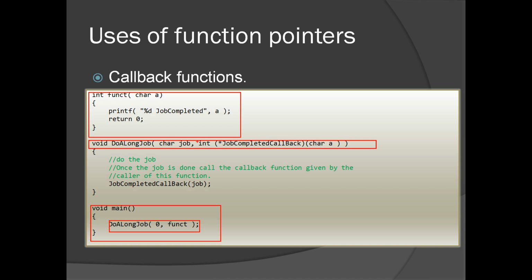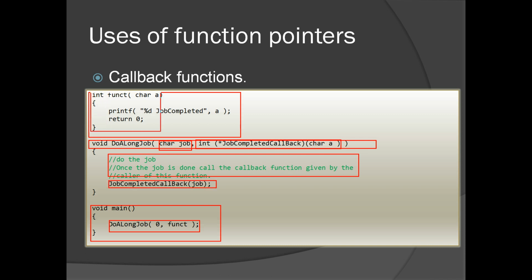It takes a function pointer and a character. It does the job, and once the job is completed, it will call back this particular function which we have provided here.